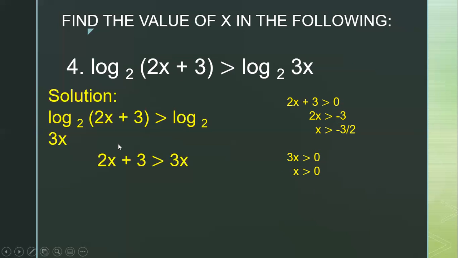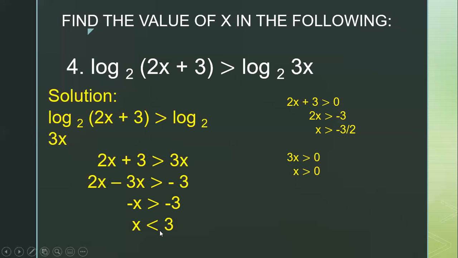So dropping out the logarithm to the base 2, we have 2x plus 3 is greater than 3x. Solving for that, negative x is greater than negative 3. So the numerical coefficient of x here is negative 1. Our rule: if it will be divided by a negative numerical coefficient, then we have to reverse the symbol.